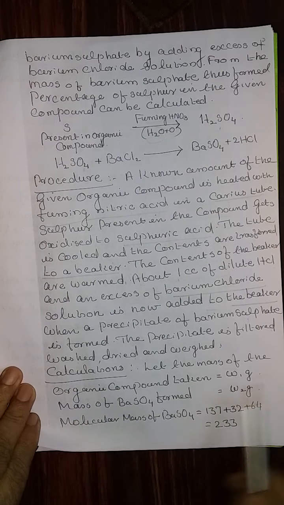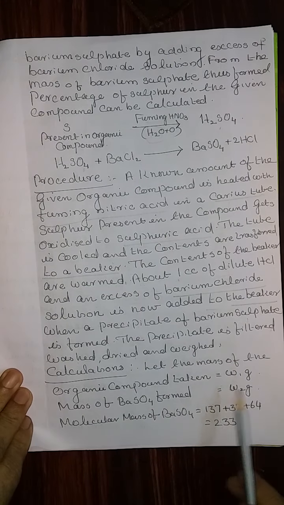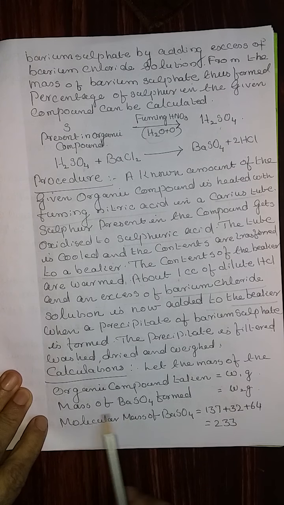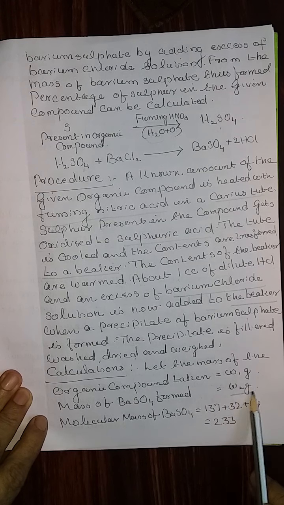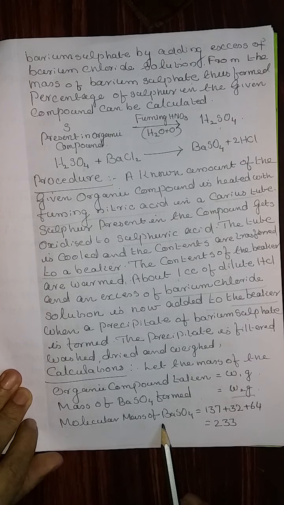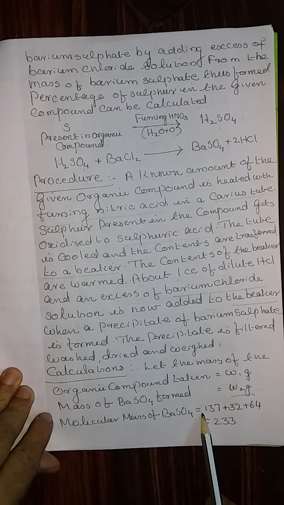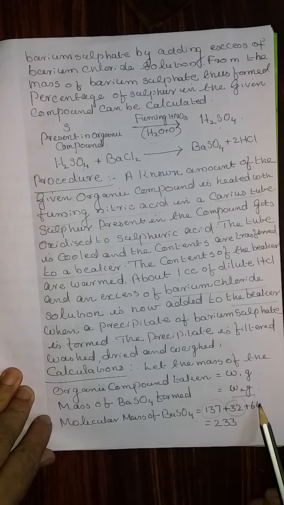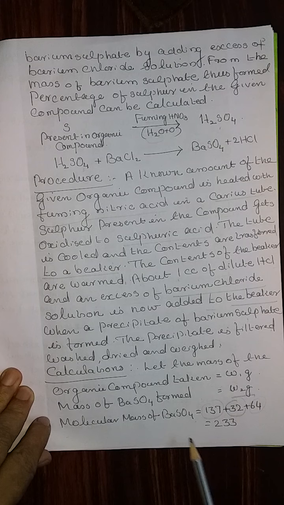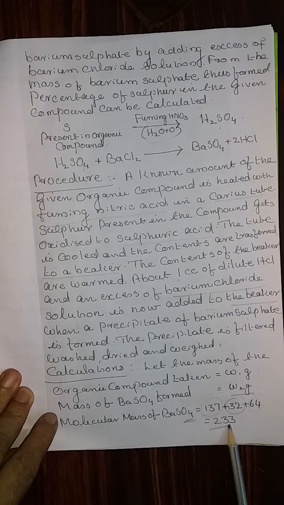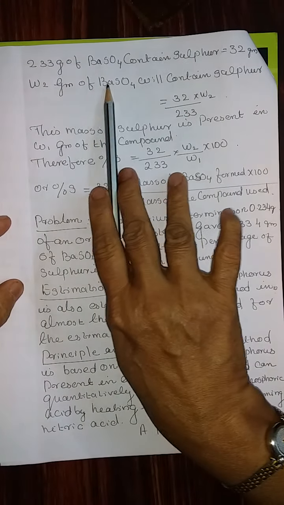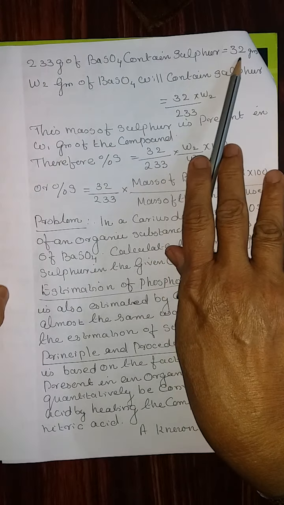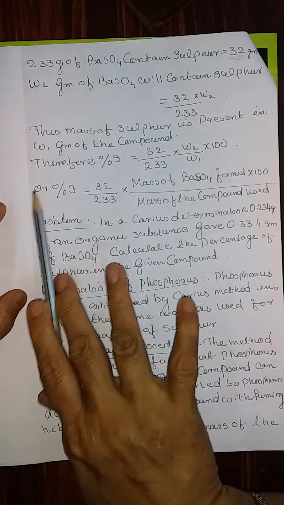Calculation. Let the mass of the organic compound taken be W1 gram. Mass of the barium sulfate formed is W2 gram. Molecular mass of barium sulfate: atomic mass of barium 137, sulfur 32, oxygen 16 into 4 oxygen atoms, that is 64. Total molecular mass is 233. 233 grams of barium sulfate contains 32 grams of sulfur.